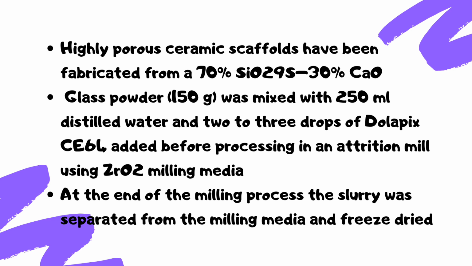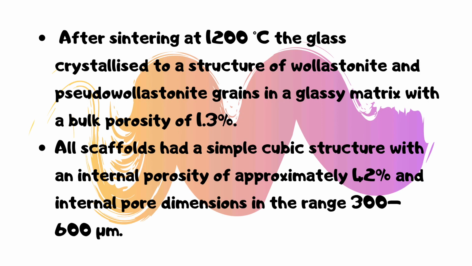For the scaffolds, we use a modification of the lost mold process for ceramic manufacture combined with gel casting using stereolithography. After sintering at 1200 degrees Celsius, the glass crystallized to a structure of wollastonite and pseudo-wollastonite grains in a glassy matrix with a bulk porosity of 1.3%.